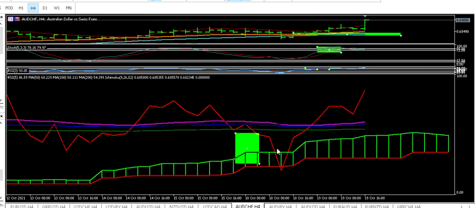If it dips below these moving averages, as long as they are above the Ichimoku, you can buy at any time. The trigger is a trigger, but as long as it dips below, that's consolidation. Or if it goes up above, you can buy.